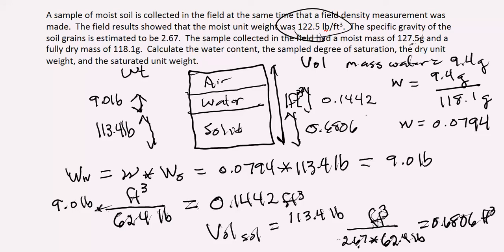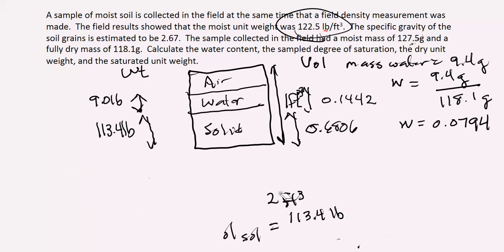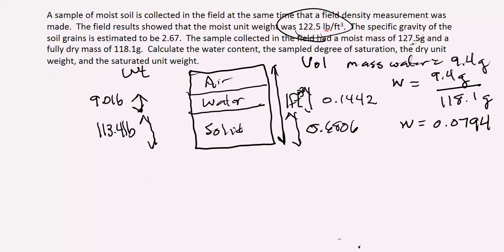0.6806. Okay, now I need to erase this again. Now we just need the volume of our air, and we can get the volume of the air using, well, volume of the air is equal to 1 minus the sum of 0.1442 plus 0.6806.